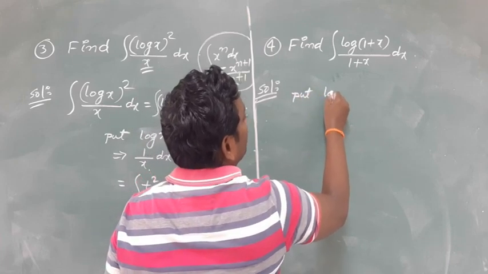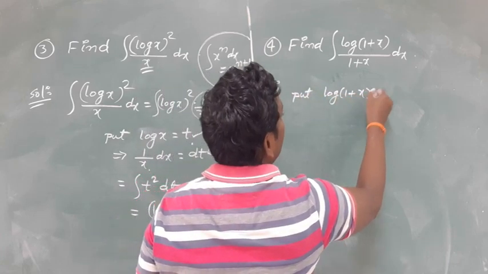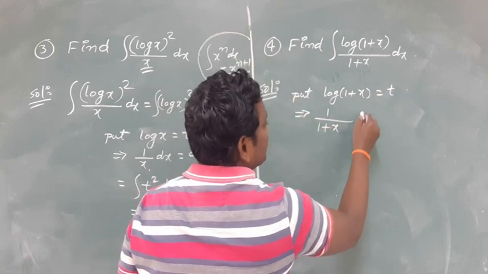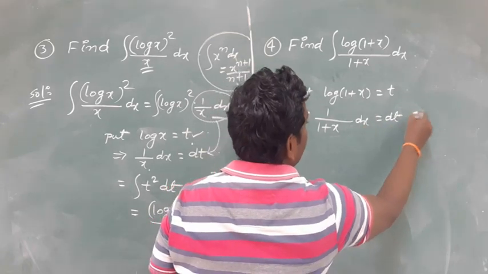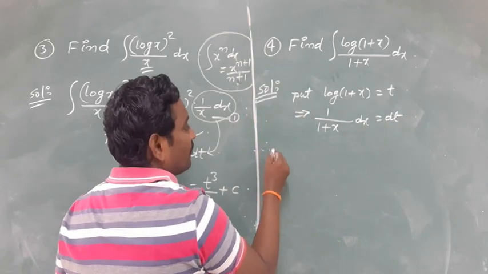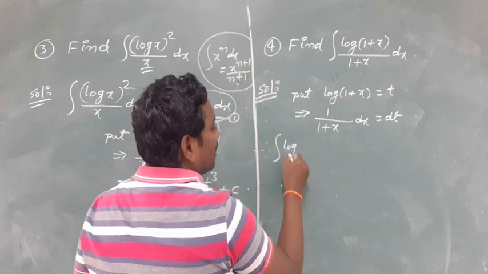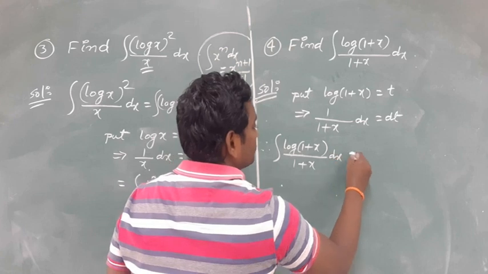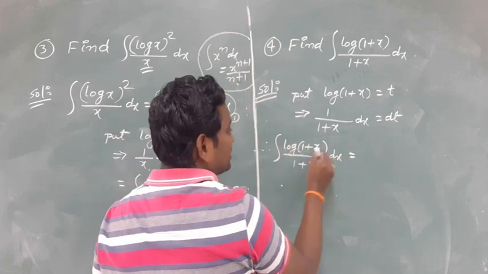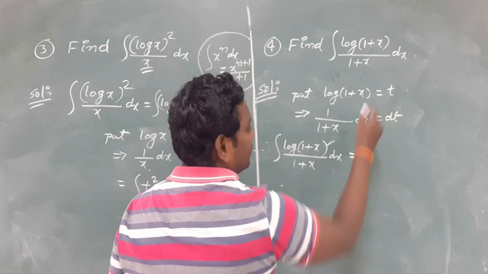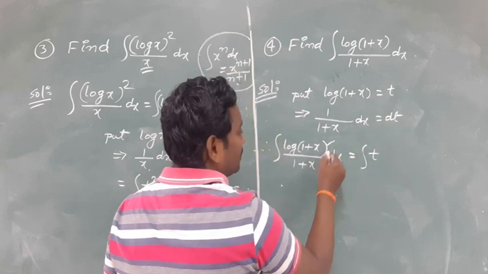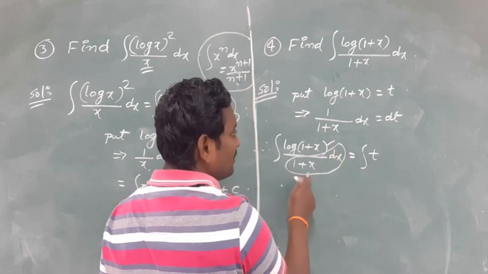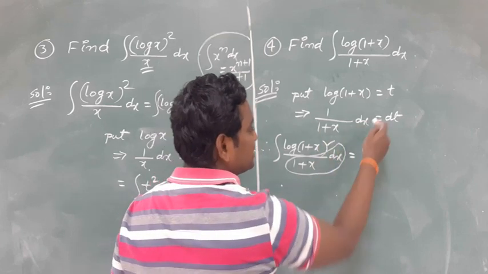Put log of 1 plus x is equal to t. Its derivative is 1 by 1 plus x dx is equal to dt. So the given problem becomes log of 1 plus x by 1 plus x dx. So directly replace the numerator log of 1 plus x with t, and dx by 1 plus x is equal to dt.